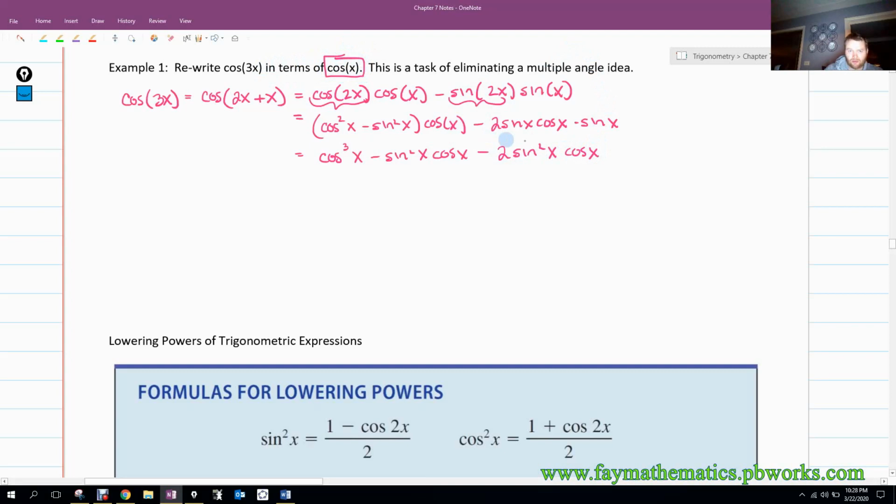Remember, the goal is to put everything in terms of cosine, so the sines need to go away here. Because of our Pythagorean identity, I'm going to make that substitution with all my sine squareds. So I have cosine cubed x minus 1 minus cosine squared x times the cosine x that's already there, minus 2 times 1 minus cosine squared x times the cosine x.